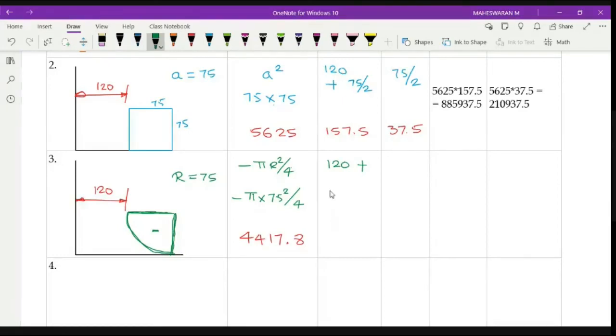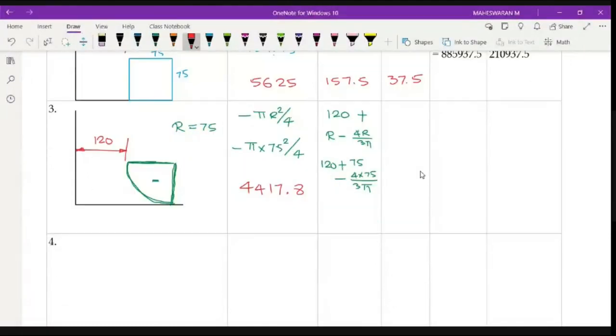I can write 120 plus 75 minus 4 into 75 divided by 3 pi. What is the value? 163.16. Good.